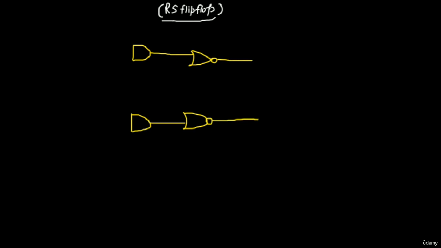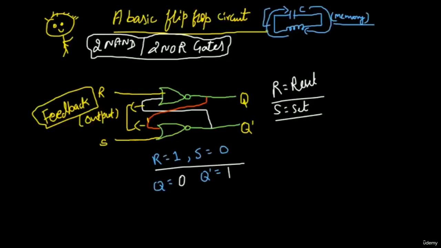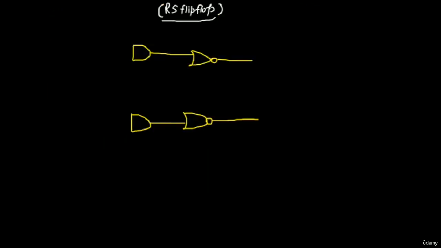So why I said that this one is the basic one and we're going to make it, because as you can see we change it as per the requirements, and obviously we have not added the clock there, which is one of the most important things. So we're going to add the clock signal, because this is what makes it a real flip-flop.